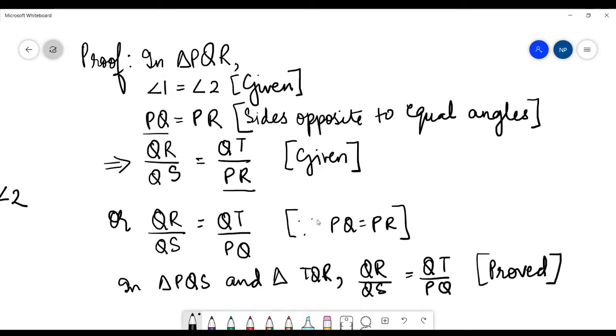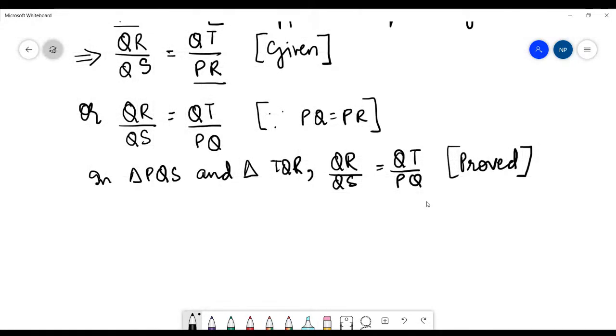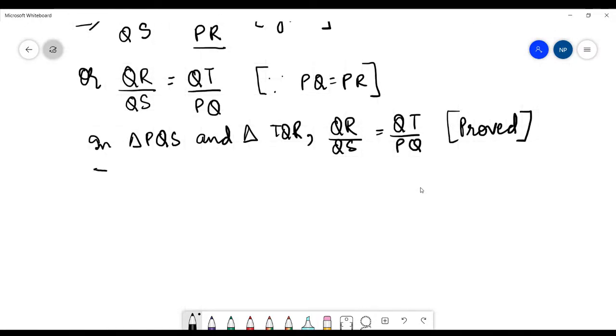This is proved for both the triangles, which implies, next line we are going to write over here, that QR upon QT is equal to QS upon QP. What we have done, children, over here, this we have already proved. We have just shifted QT to LHS and QS to RHS. So here we have QR upon QT, which is equal to QS upon QP.